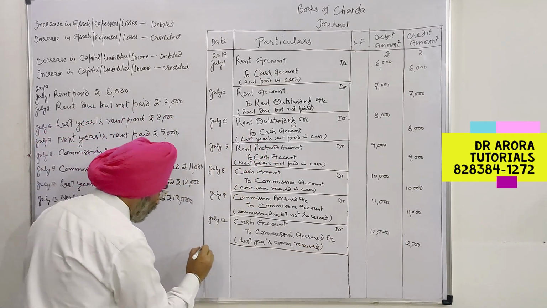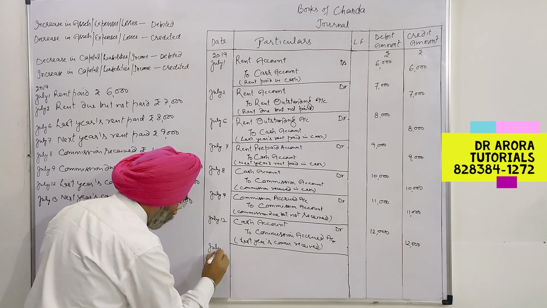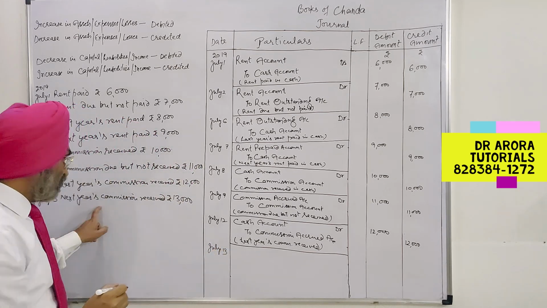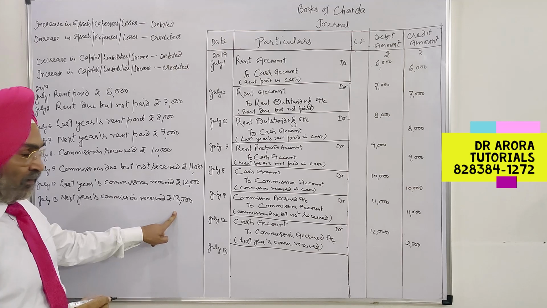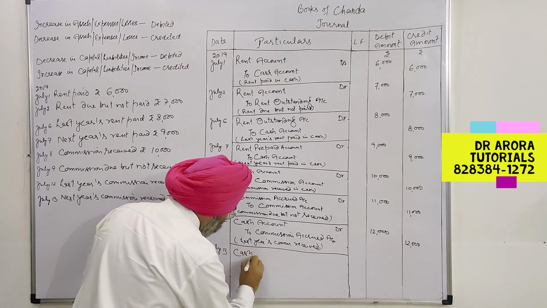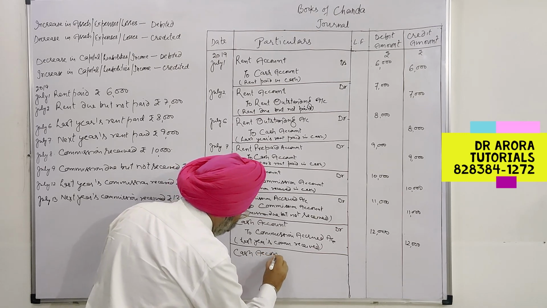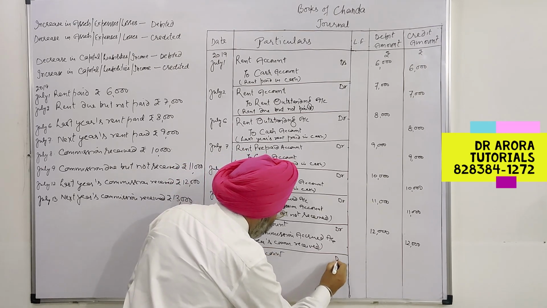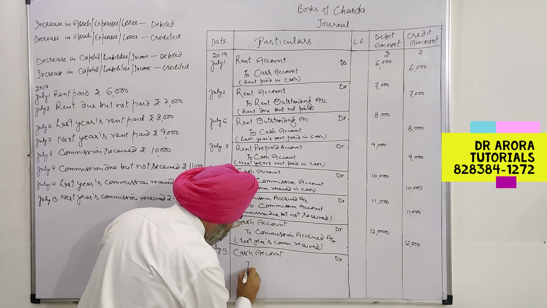Then July 13th, next year's commission received. Again cash is coming. So cash account debit, but it is not the income of the current year.